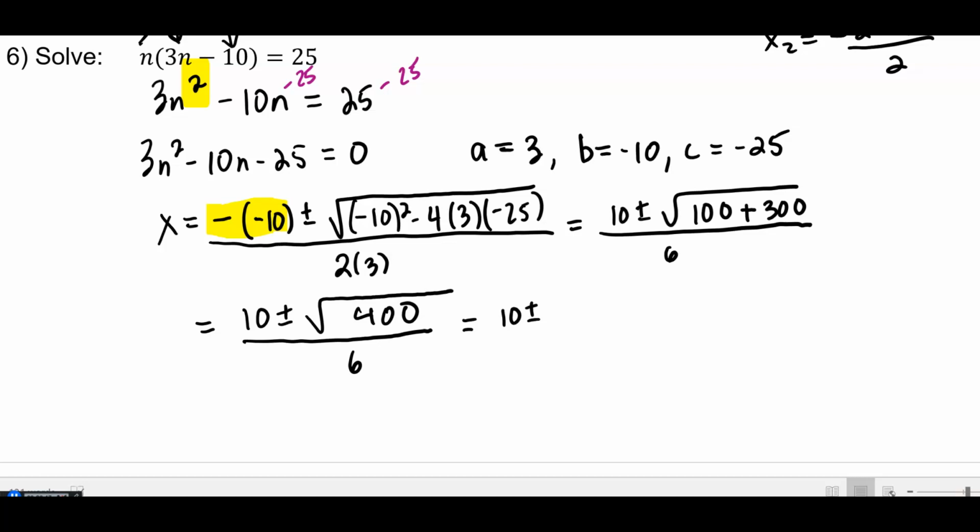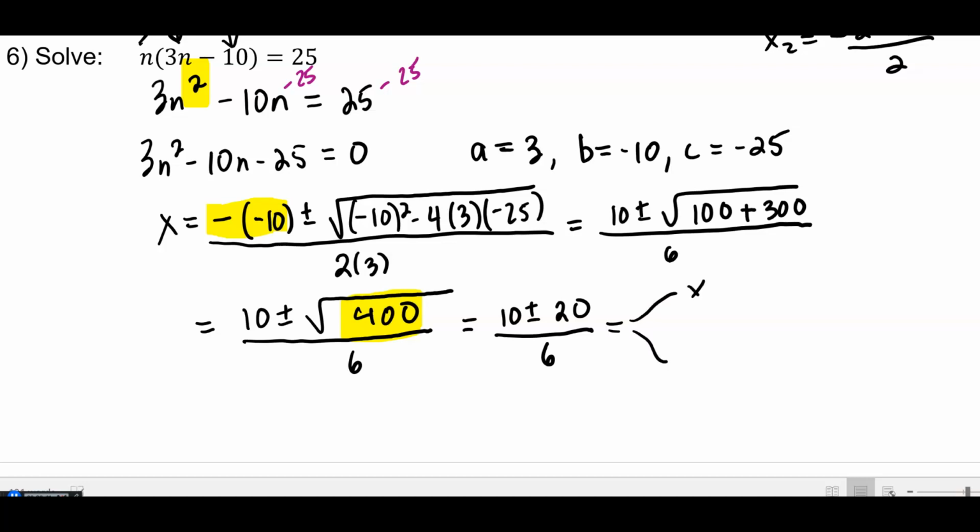So really that would be the square root of 4 times the square root of 100, which is 2 times 10. Or maybe you even noticed that 400 is a perfect square itself. So if you put in your calculator the square root of 400, you're still going to get 20, no matter how you decide to simplify. You should break it all the way down to 20.